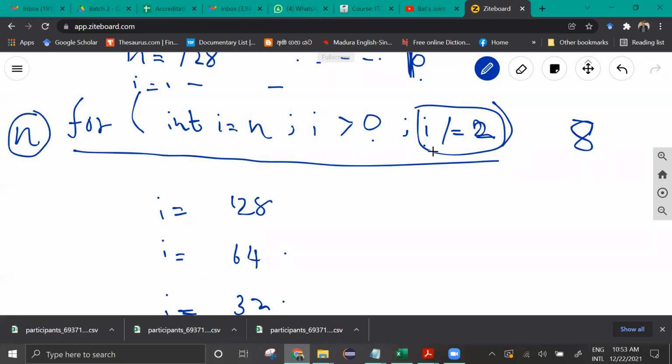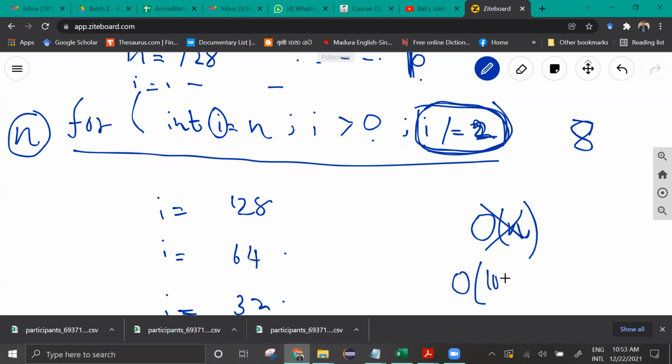In this case, we have to check how the value of I, the increment or decrement variable in the for loop, is changing. In this case, it is divided by 2. So this is not big O n. It is actually big O log n in this case.